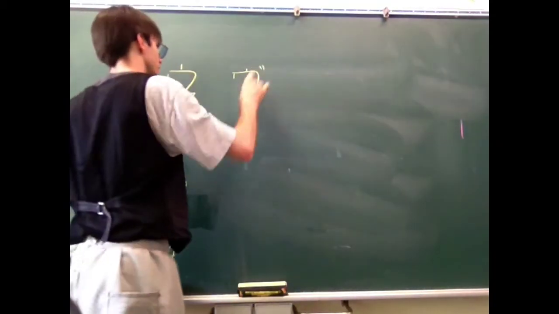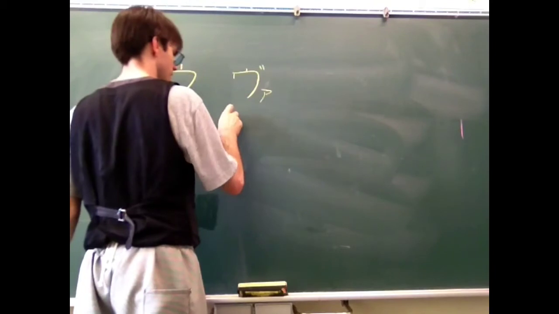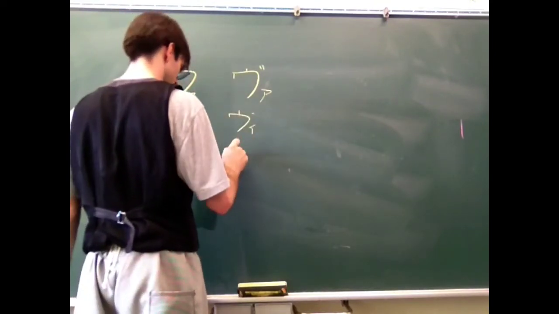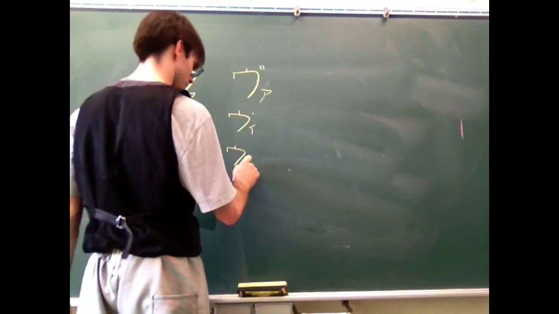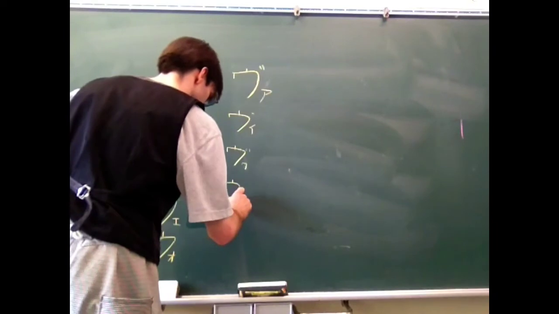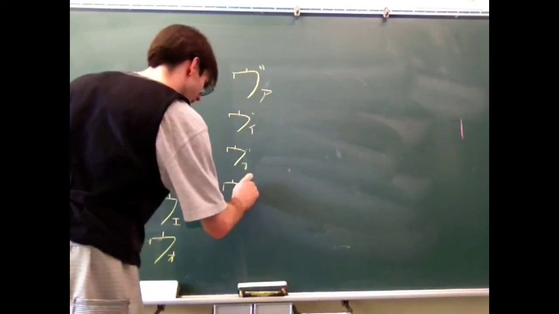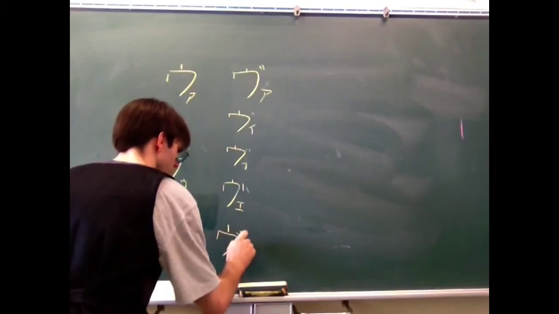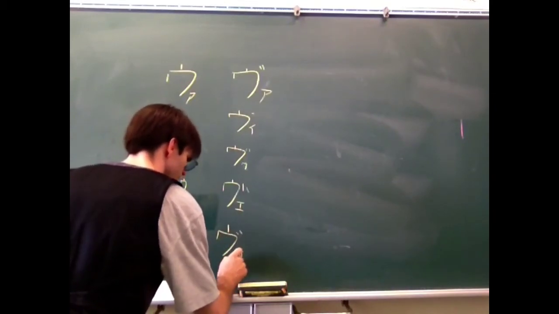It's the same thing with ten-ten. So you've got va, vi, and then I guess vu, ve, which doesn't really get used much, and vo.